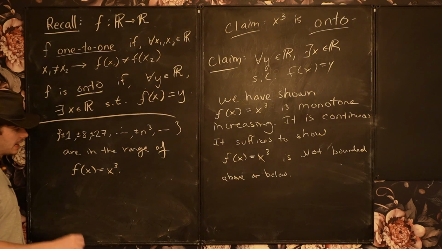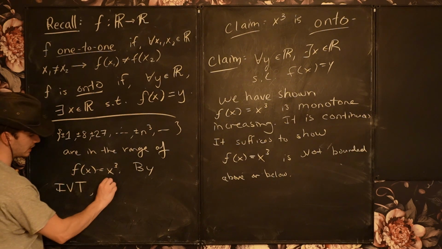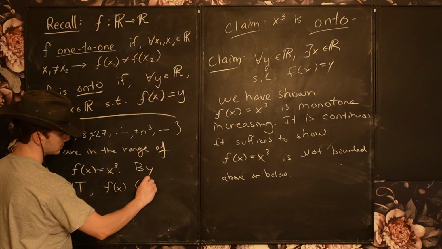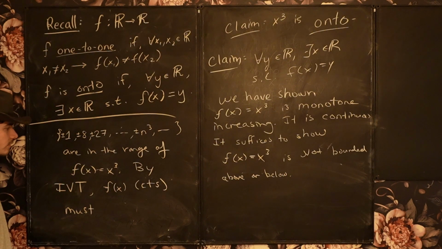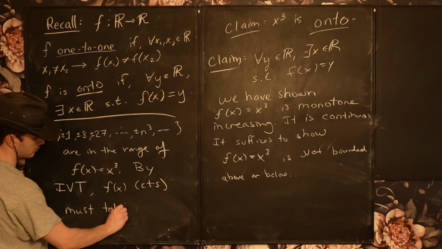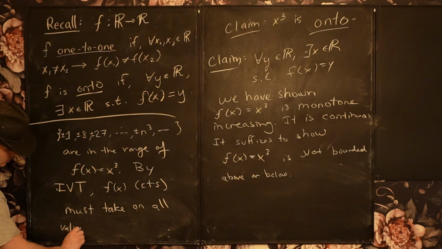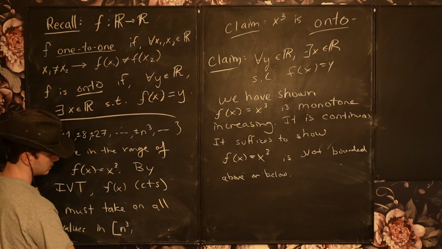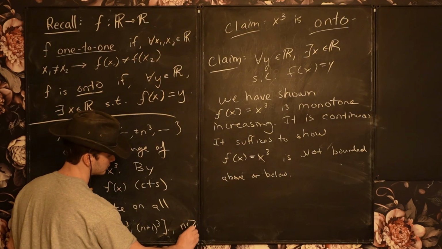And so by the intermediate value theorem, to be proven later, f of x is continuous, so it must take on all values in the intervals n cubed to n plus 1 cubed, where n is in Z. So n can be any integer.